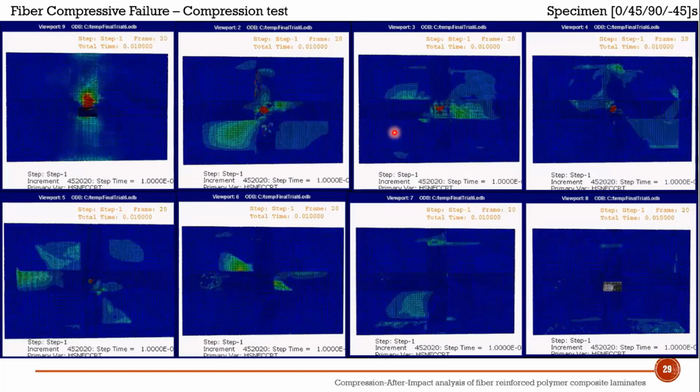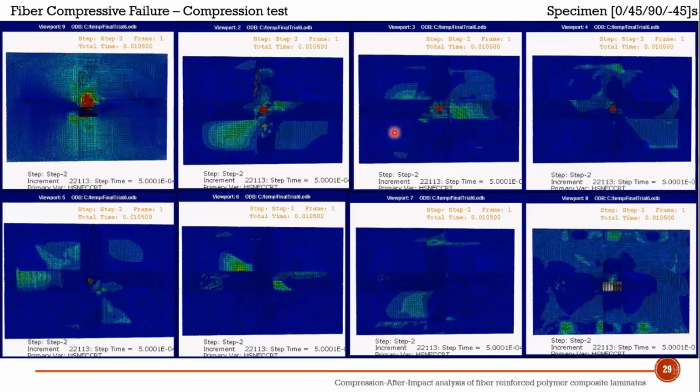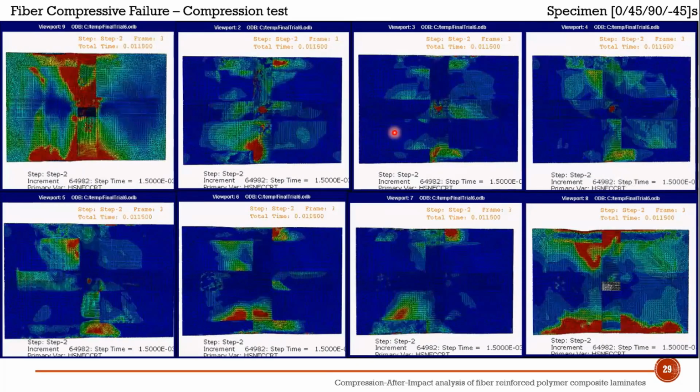And this is another important failure mode, fiber compressive failure during the compression test. If we have n number of laminas joined together, suppose 8 different layers, the top layer and bottom layer are away from the mid plane, so their stability is inherently very low.